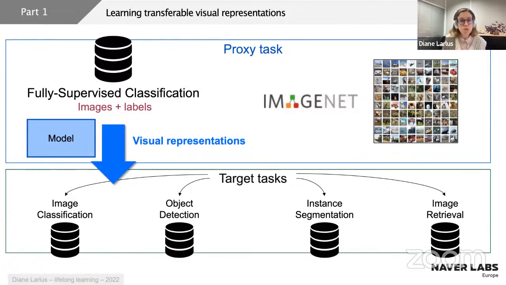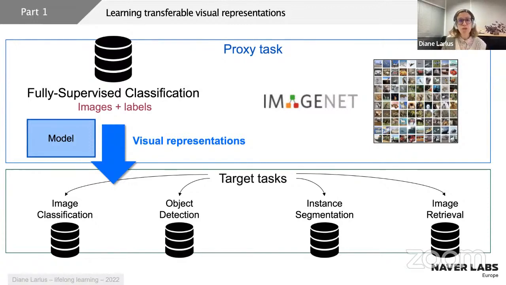So now fully supervised classification on ImageNet, which was considered for the challenge I described before, well, this task could be considered as a pretext, as a proxy task to train strong visual representations. And that's extremely convenient, actually.